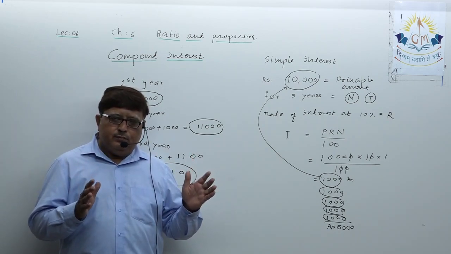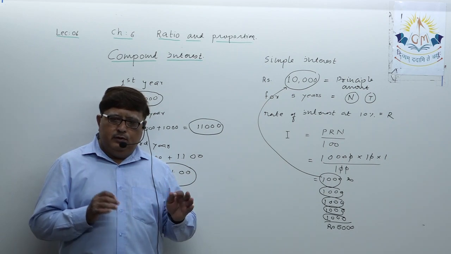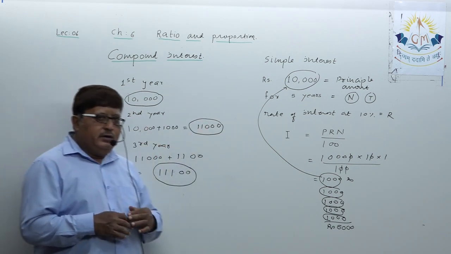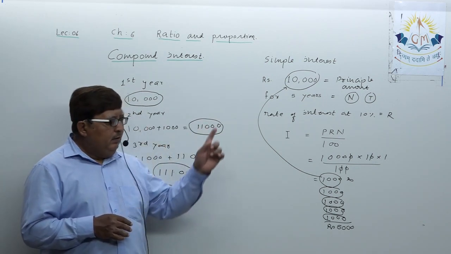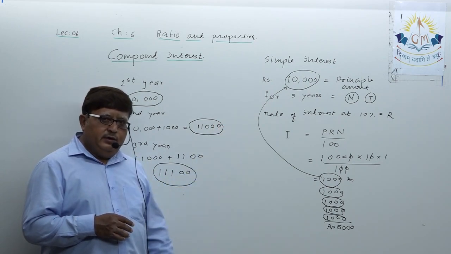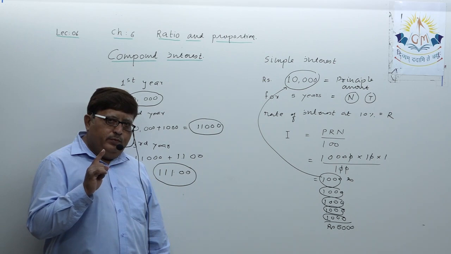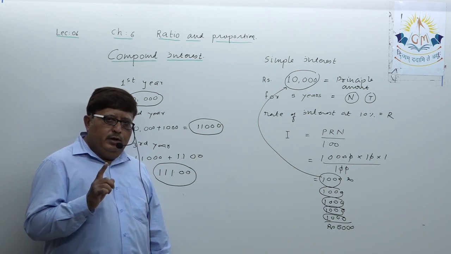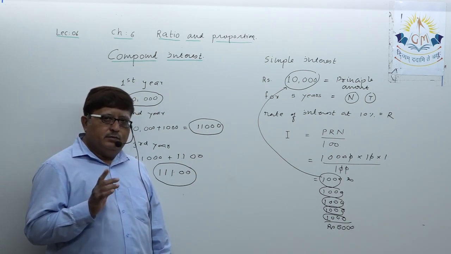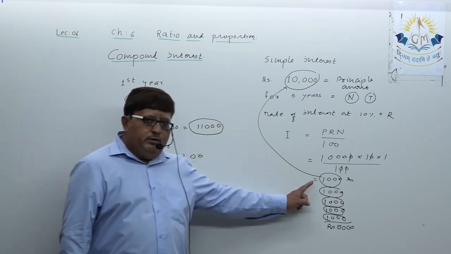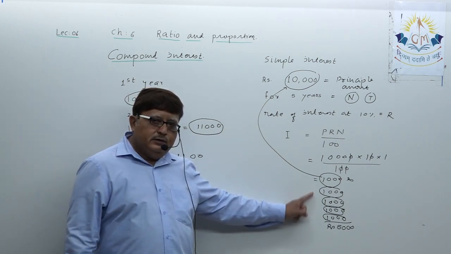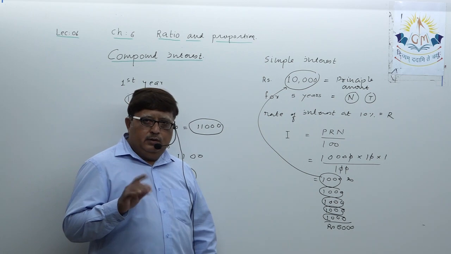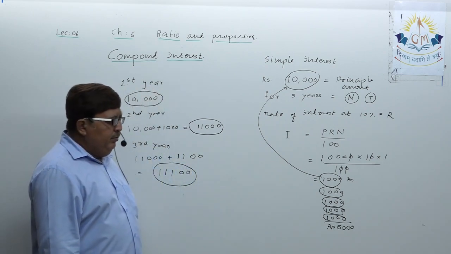have you understood the basic difference between simple interest and compound interest? In simple interest, principal remains the same every year. That means every year interest remains the same because principal remains the same.